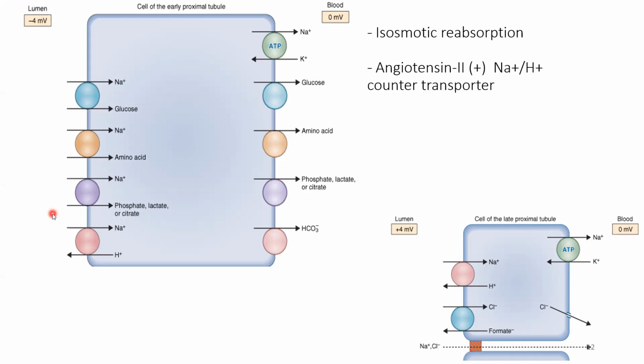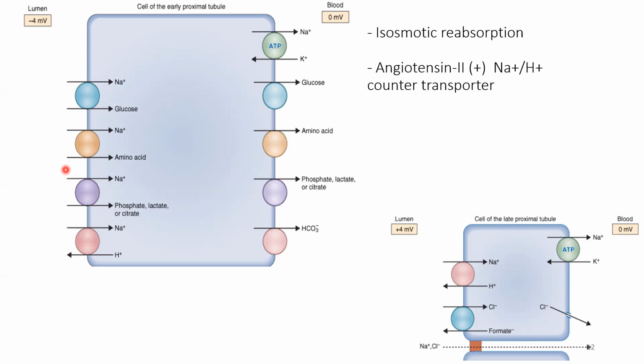Now, the osmolarity of this fluid when it exits the PCT and enters the loop of Henle system is still 300. The volume has decreased. Very important to note. The volume has decreased because you have reabsorbed so many things from it. However, the osmolarity is the same because of this phenomenon that I've just explained.